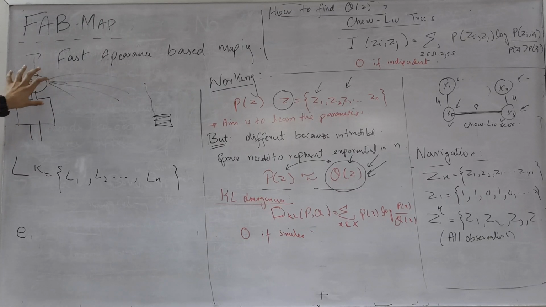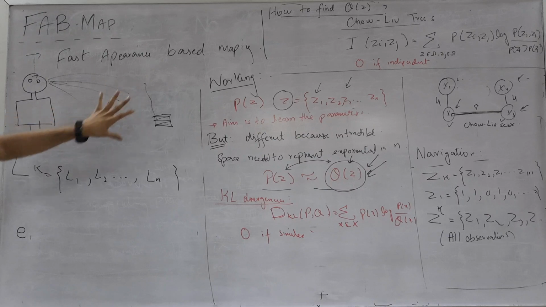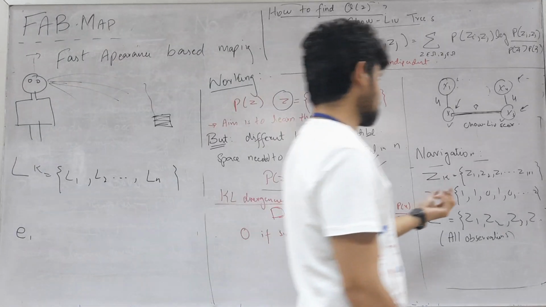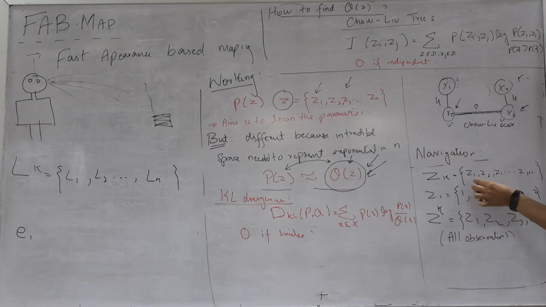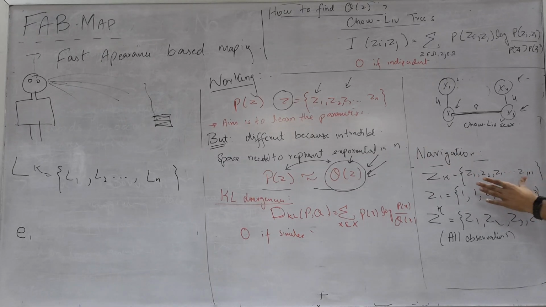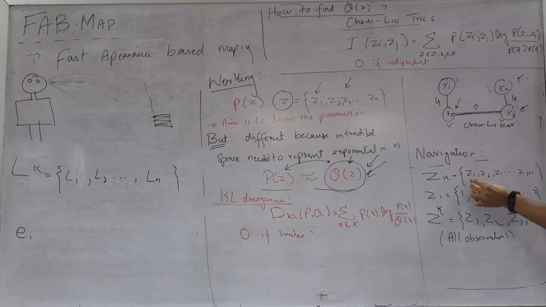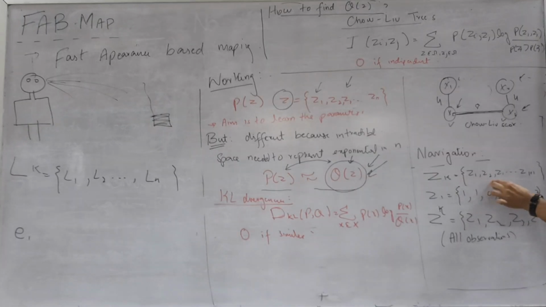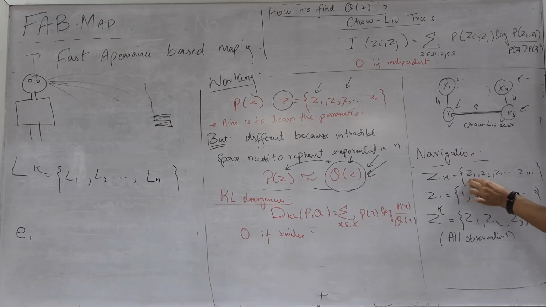When it was taking the first observation, it was basically creating a set of every feature that it observed in the environment, where this set consists of every feature up till now, or the whole vocabulary, and each member of this list is a random variable that can be either 1 or 0.